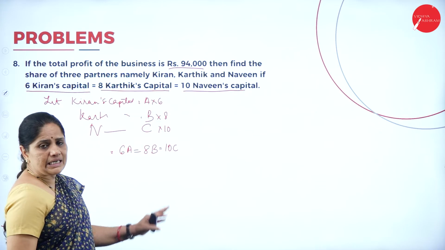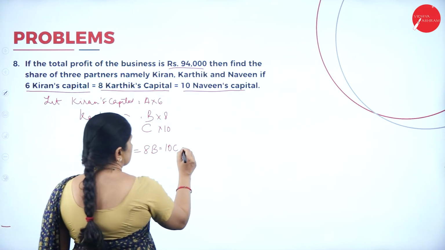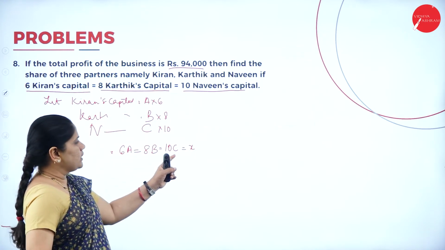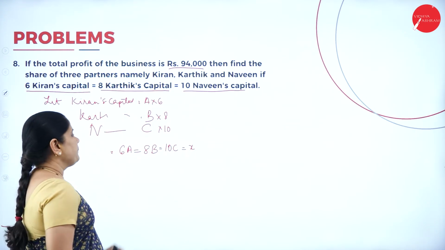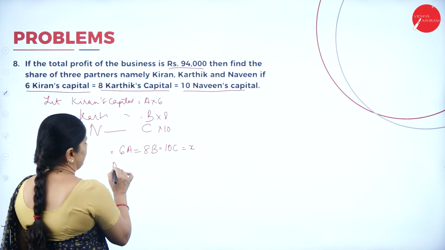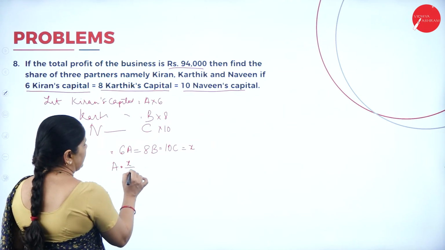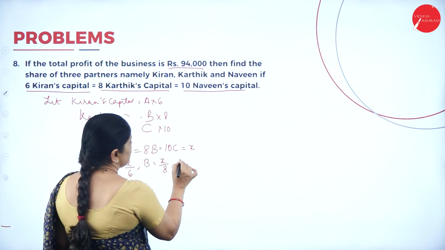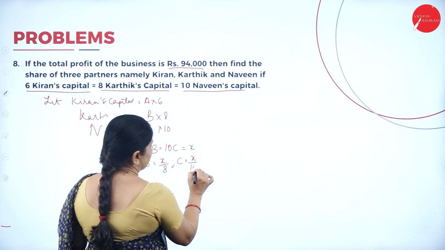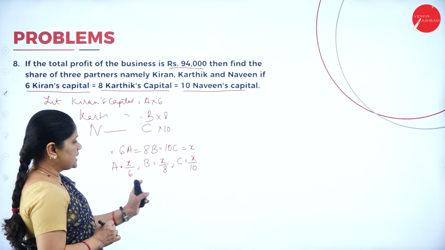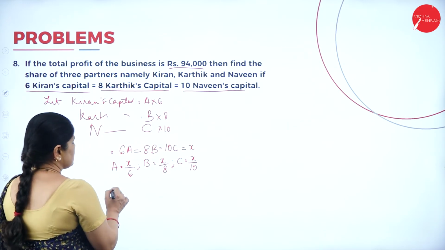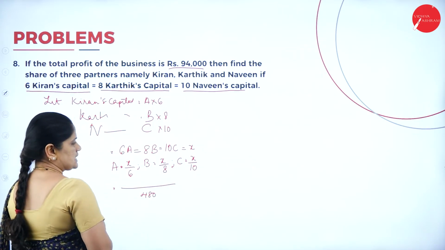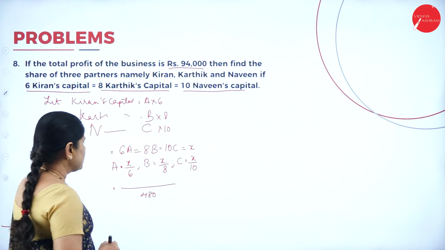Now I will equate it to a constant x. So I will equate all this to x. So 6A equals 8B equals 10C equals x. Now, if I have to find, A will be equal to x by 6, B will be equal to x by 8, C will be equal to x by 10. Now we just take the LCM of this. So the LCM of this will be 480. 6 8s are 48, 48 into 10 is 480.